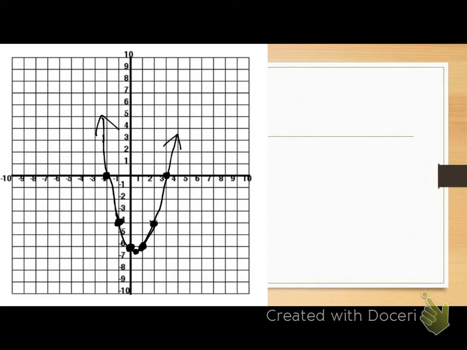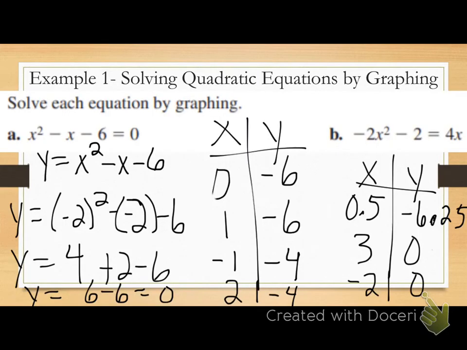So, what is my solution to this quadratic equation based on my x-intercepts? Three and negative 2. So, for letter A, I would put x equals negative 2, x equals 3.